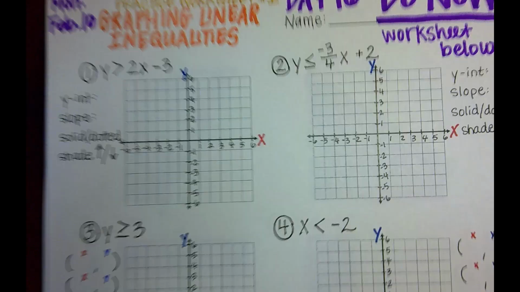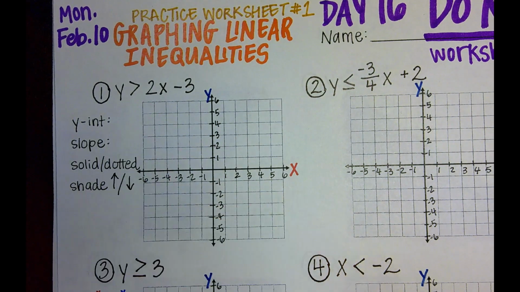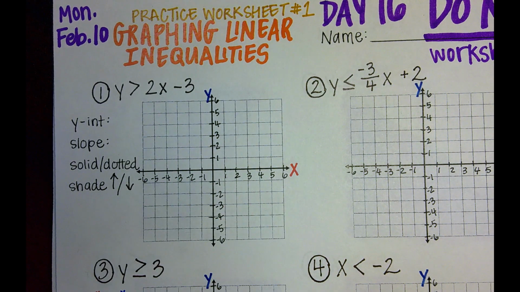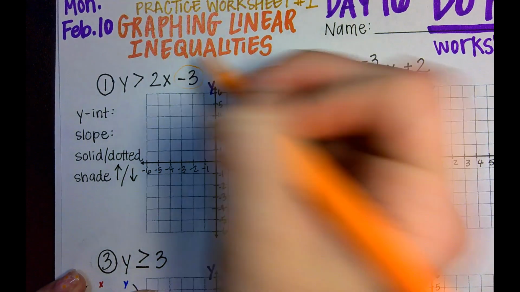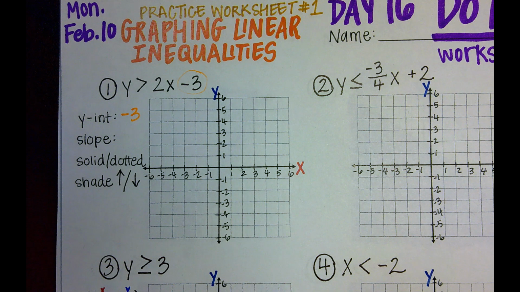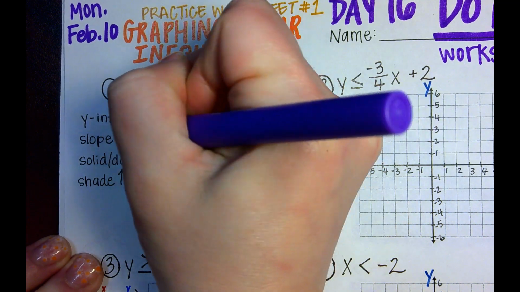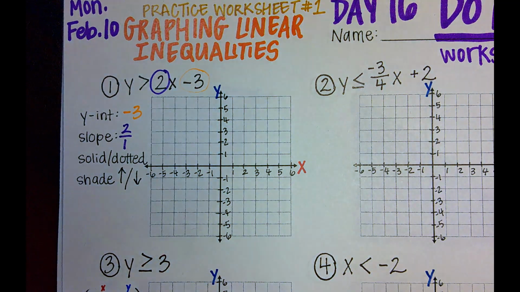So on number 1, what is our y-intercept? -3, good. What's our slope? 2 over 1. Perfect. Is this a solid line or a dotted line?